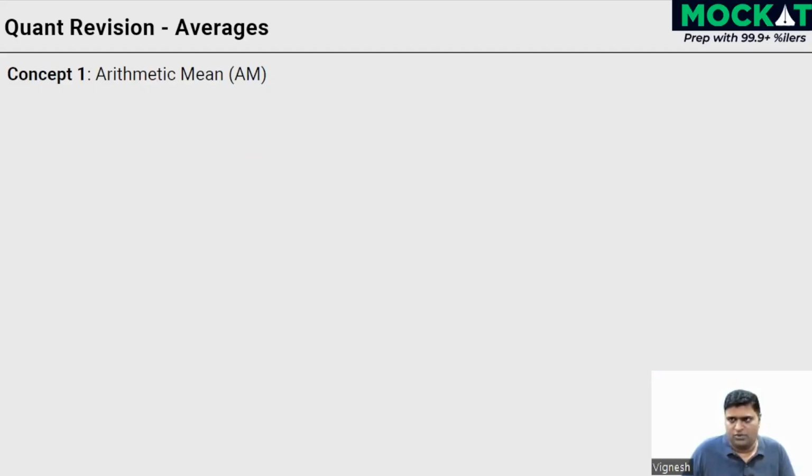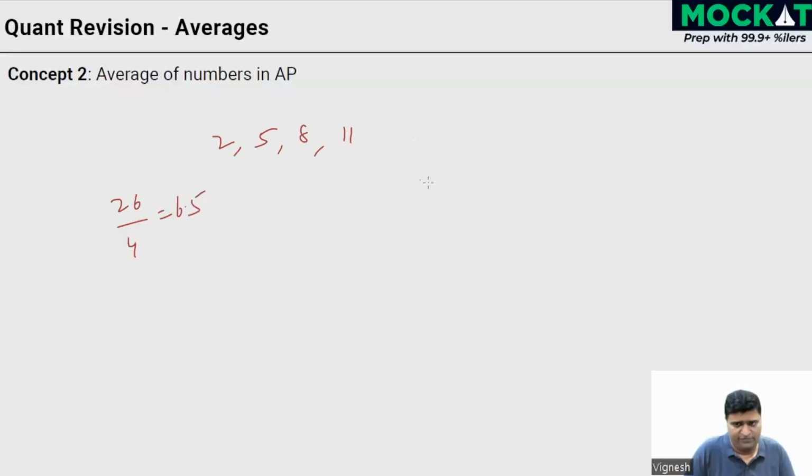Now, average of numbers in AP, arithmetic progression. I'll be covering that in detail in the progressions lesson, but nevertheless, we all know what it is. If it's 2, 5, 8, and 11, and so on, and let's say there are only 4 terms over here, what is the average? If you add up everything and divide by 4, we get 2 plus 5 is 7, plus 8 is 15, plus 11 comes to 26, by 4, that's 13 by 2, which is 6.5.